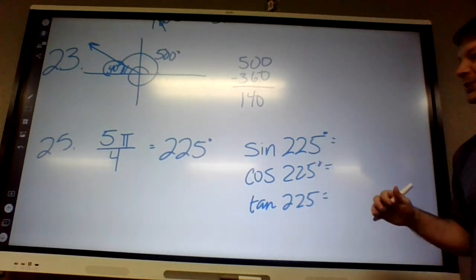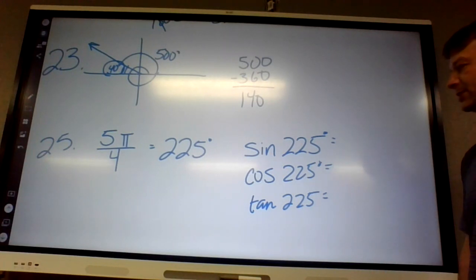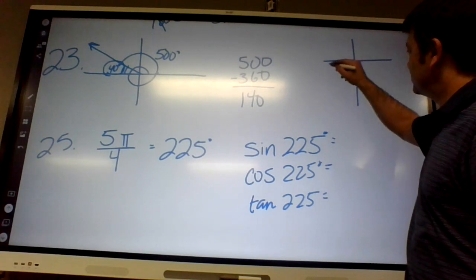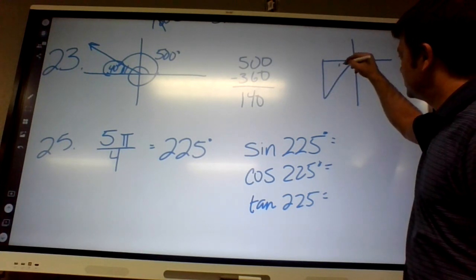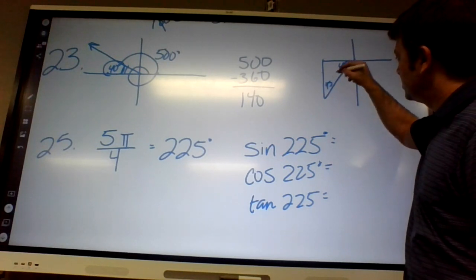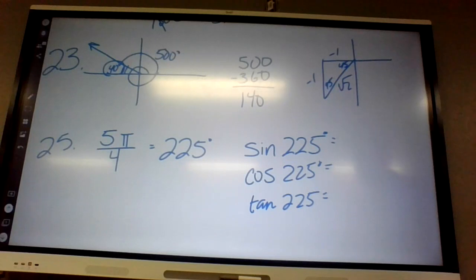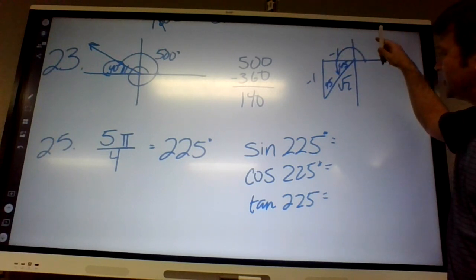225 has a reference angle of 45, so it's going to be a 45-45-90 triangle. But it's in the third quadrant, so it looks kind of like this. These ones are actually negative. So that's what 225 kind of looks like.